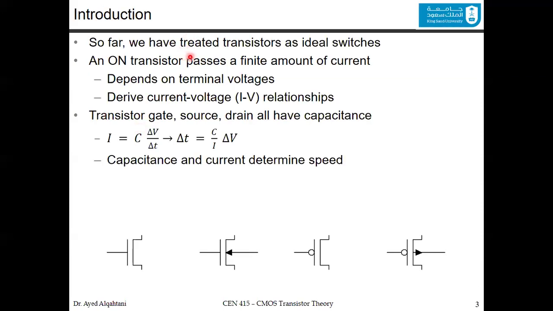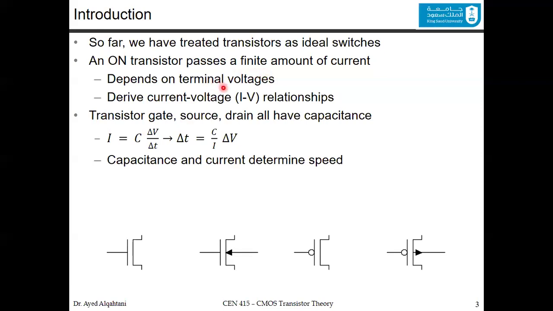So far we have treated the transistor as an ideal switch, meaning it could be on or off. If the transistor is on, this means that it is logic 1. If it is off, then it is logic 0. An on transistor passes a finite amount of current.